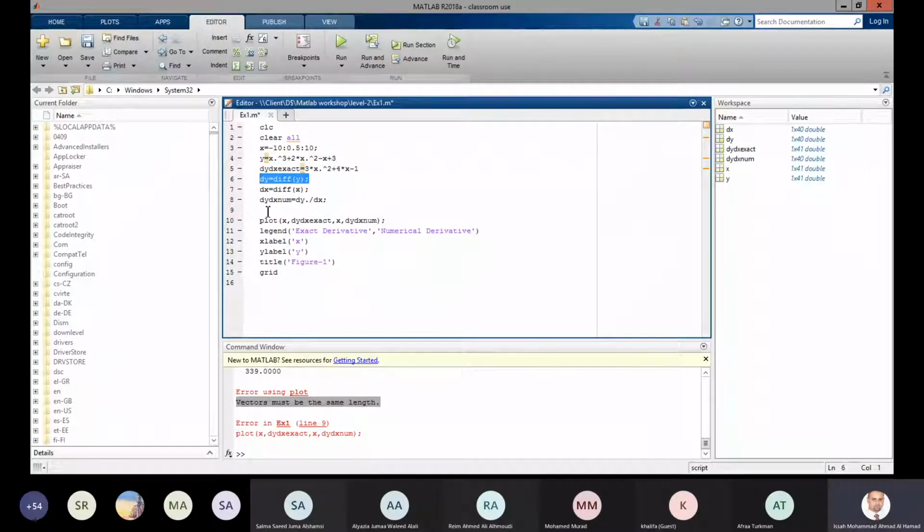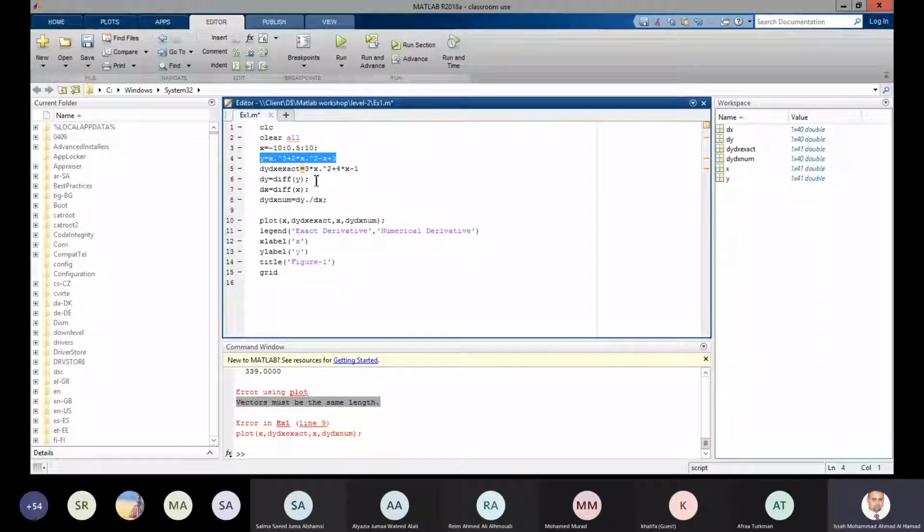For example, if you look at vector y, assume it has 5 entries: 1, 2, 3, 4, 5. Once you differentiate it using diff y, it will be 4 entries, not 5 entries, for example 3, 2, 5, 6.